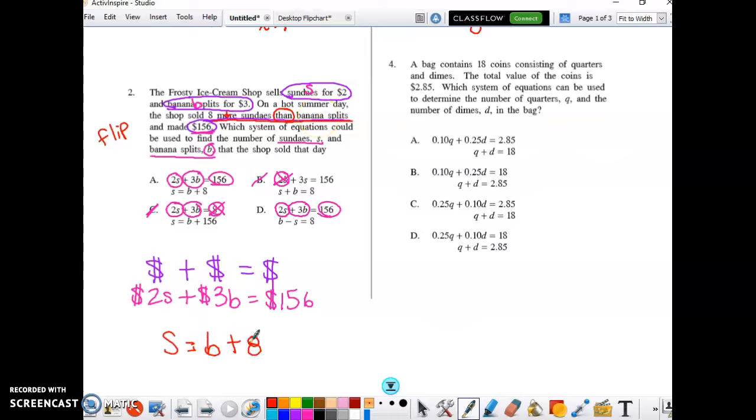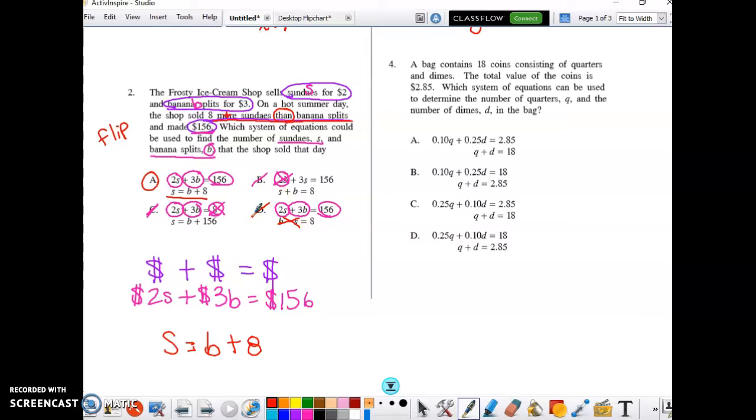So this one says S equals B plus 8, and this one says banana splits minus the sundaes equals 8. And that would have been correct if the S was in the front and the B was in the back, because there is more sundaes than banana splits. So the answer is A. Okay.